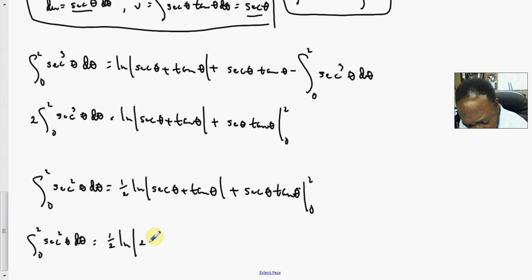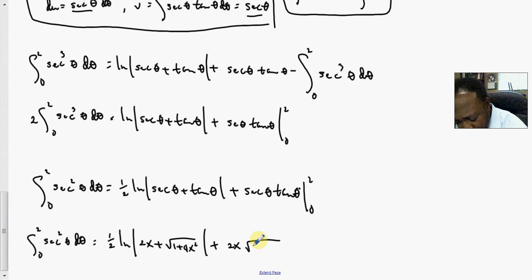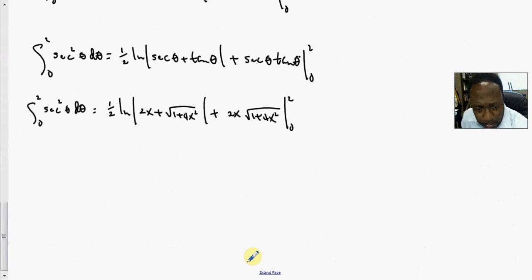Well, tangent is 2x plus secant is the square root of 1 plus 4x squared, plus the secant times the tangent, that's plus 2x times the square root of 1 plus 4x squared. Now you can evaluate from 0 to 2.